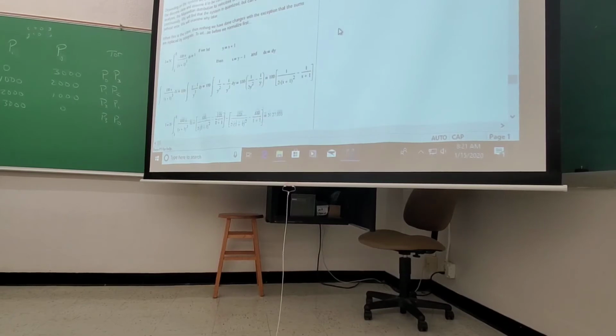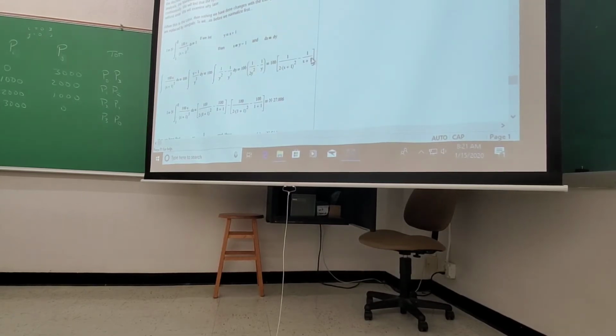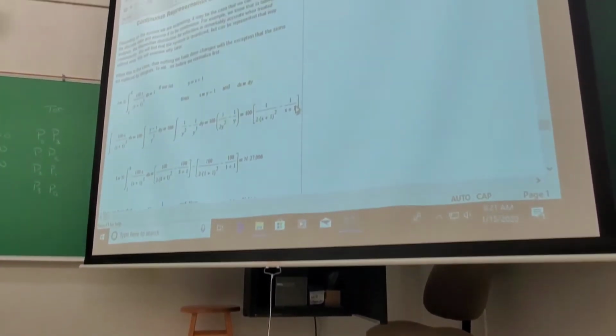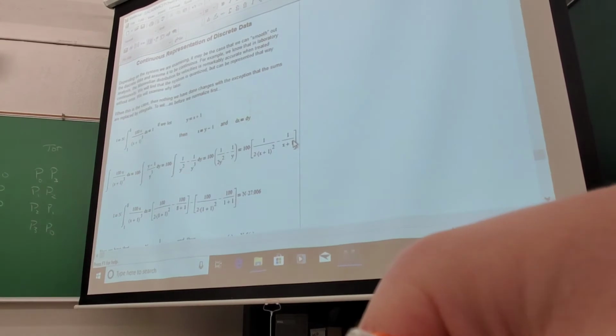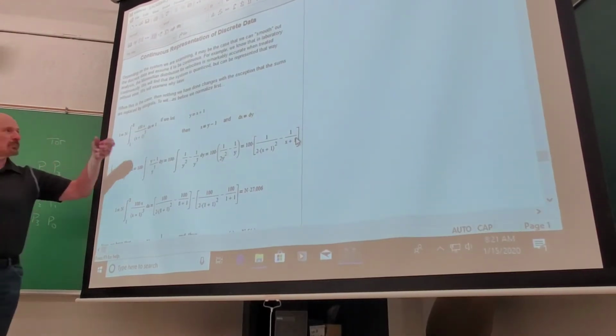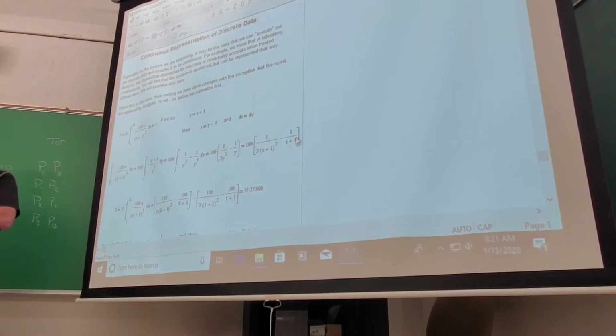What I've done now, with that little formula I had for our shot putters, I had 100i over i plus 1, where i was an integer, 1, 2, 3, up to 8. I said, well, now let's make x continuous. It could have any value from 1 to 8.